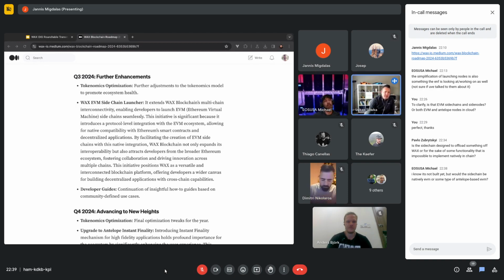It would be a native EVM chain with certain layers that allow connectivity with WAX. I don't want to deploy a smart contract based EVM virtual machine on top of WAX.